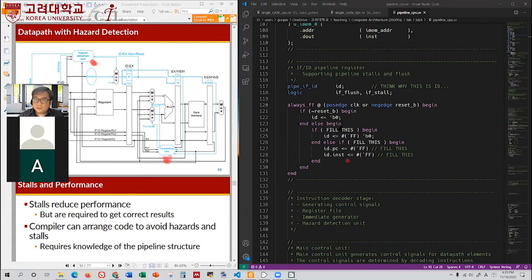So you need to fill this here, but if you see this code, then you can find that for this condition, this ID is the output of this pipeline register. The output of the IF/ID pipeline register is initialized. So what is this condition?